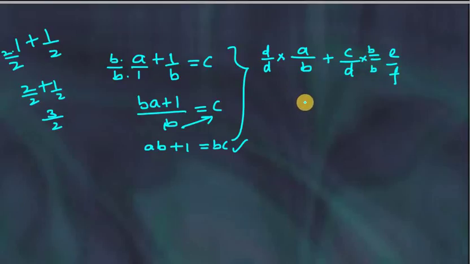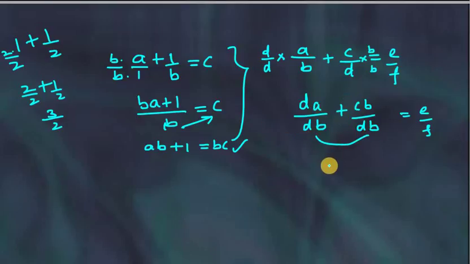Then what happens? da by db plus cb by db is equal to e by f. As the denominators are the same, we can directly add: ad plus bc by bd is equal to e by f.